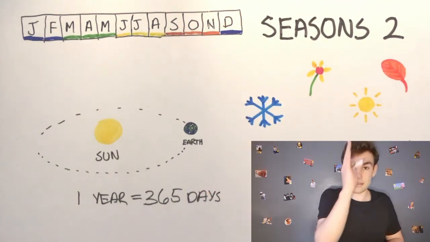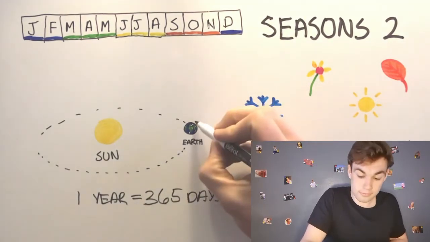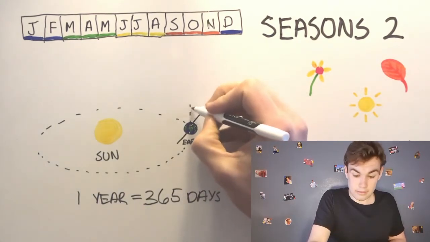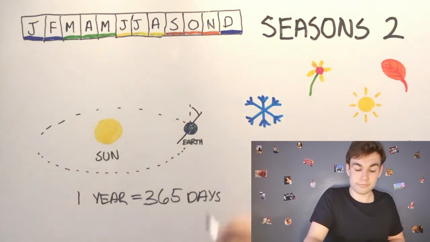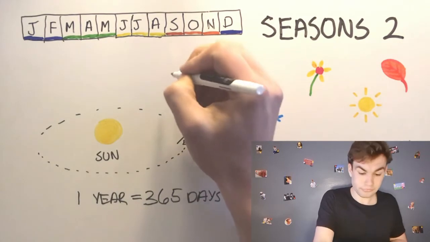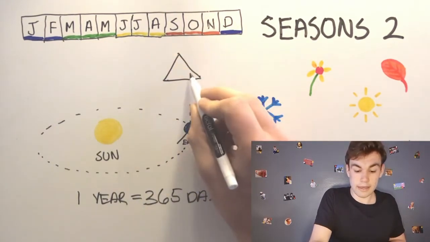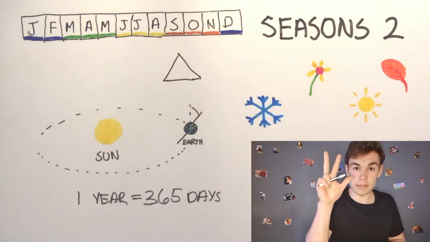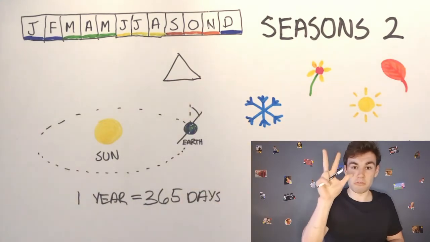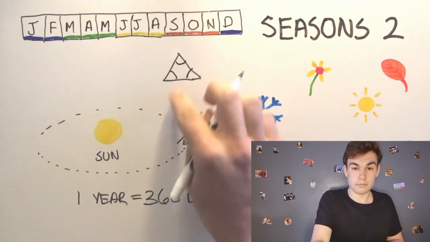The Earth is tilted away from the sun at an angle. What is an angle? Look. This is a triangle, a three-sided shape, and triangles have three angles. 1, 2, 3.